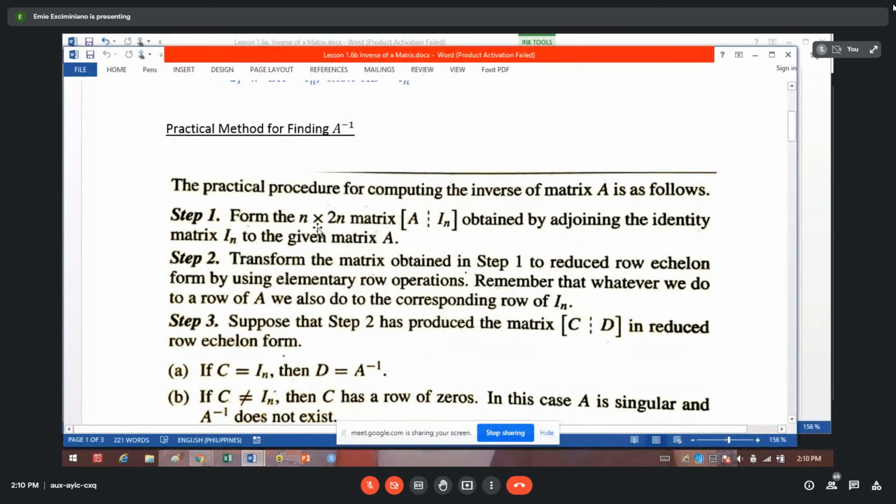Kaya nagiging ang size niya 2 by 2n. Bakit n by 2n? Nagdodoble yung kanyang columns, kasi pare-parehas naman ang sizes.